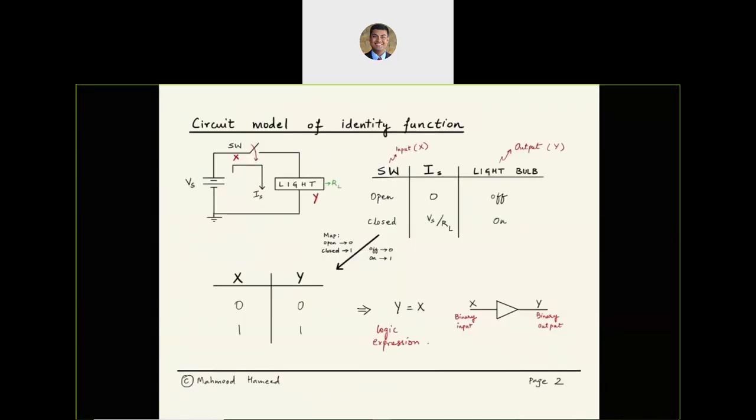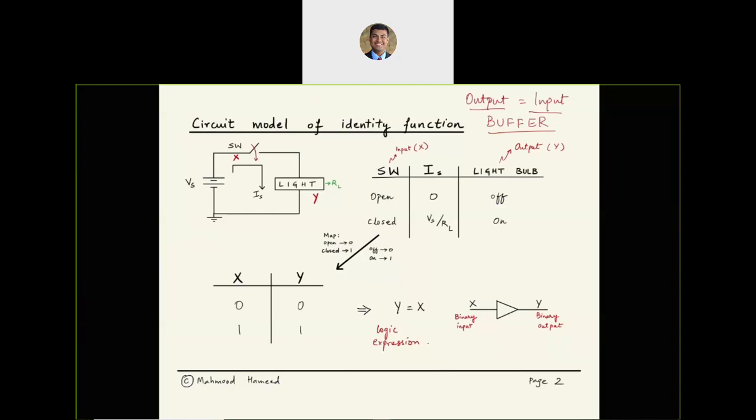So the first thing that we'll try to do is we'll try to build or analyze, in this case, a circuit model of an identity function. So what is an identity function? Well, simply the output equals the input. So that's identity. Or you might also call this behavior a buffer. So no change logically.